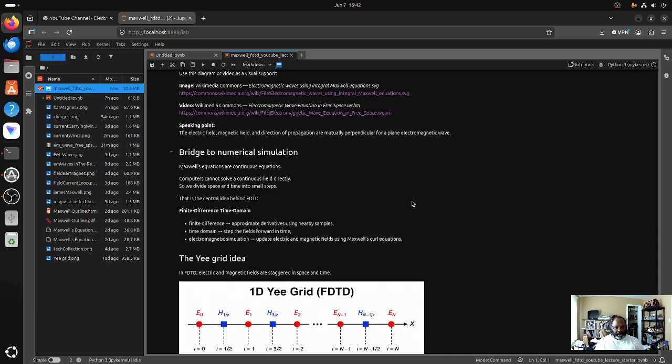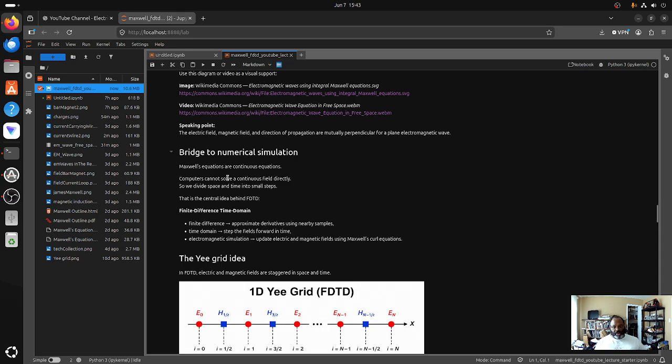So we take our wave and break it up into small slices in time and space, then step through our equation and look at selected points on that wave, and that is what we simulate on the computer.